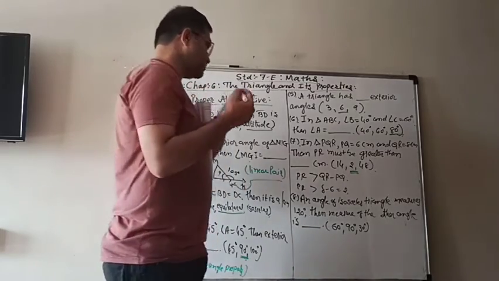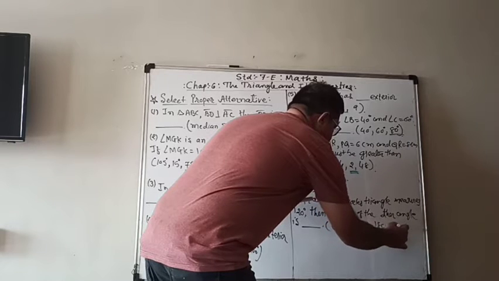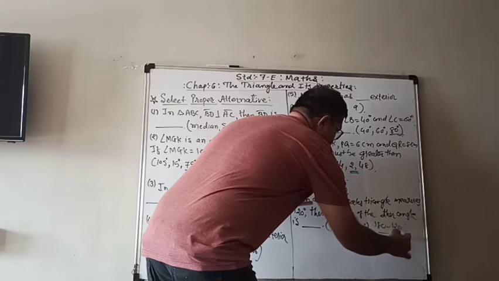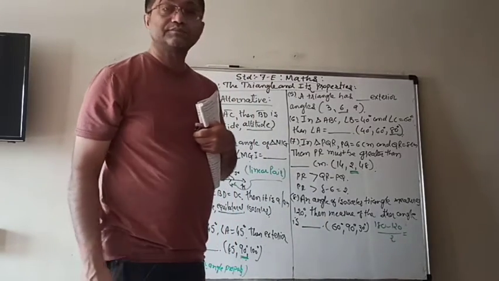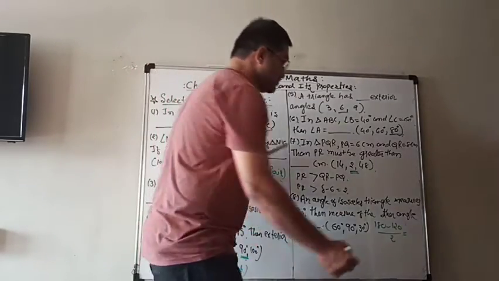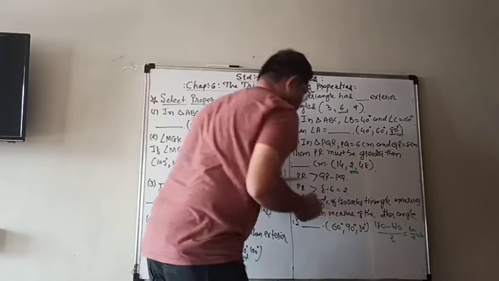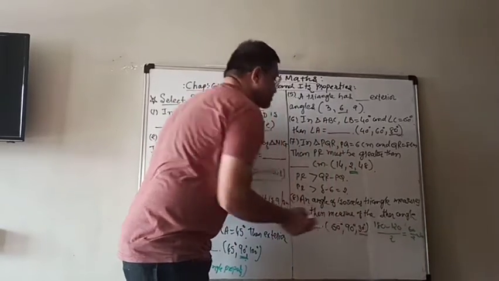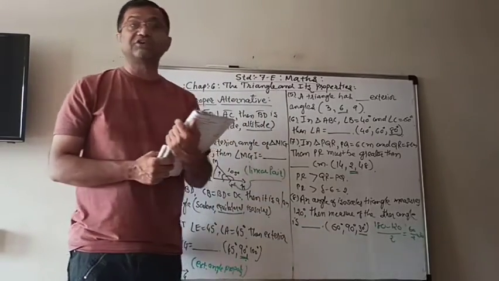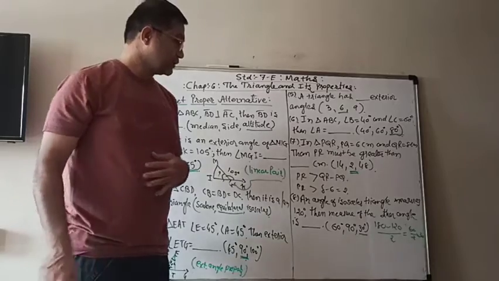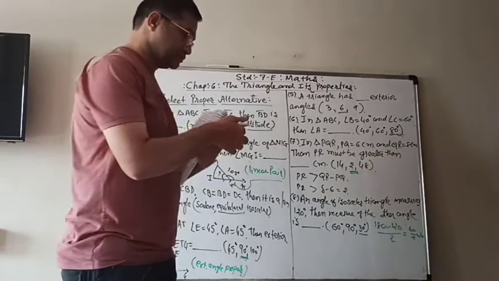So we have to subtract 180 minus 120 and then divide by 2. What is 180 minus 120? 60. 60 divided by 2 is how much? 30. So the answer is 30 degree here, because it is not given which two angles are equal.